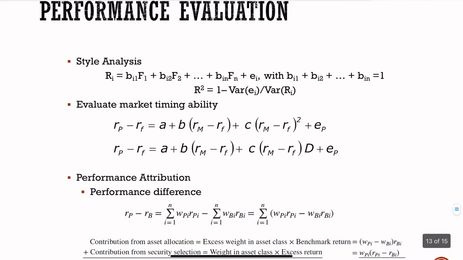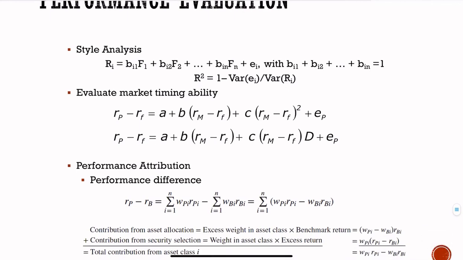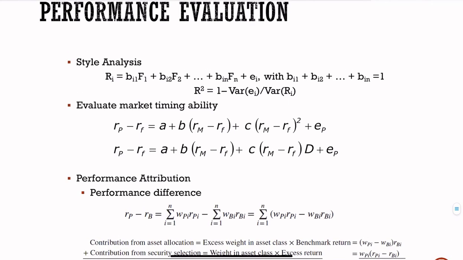And then we talk about several more complicated evaluation techniques. The first one is called style analysis. So what you're doing is you decompose your portfolio's return into the returns of different style portfolios. This is a decomposing technique, right? So essentially you can call this part style returns.